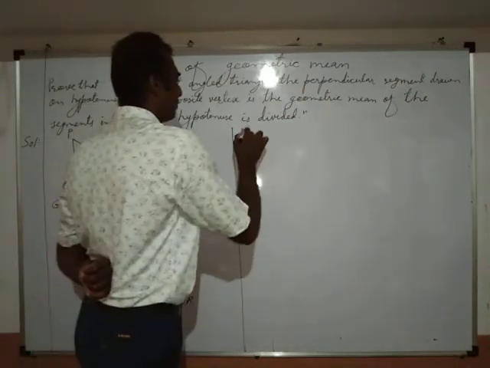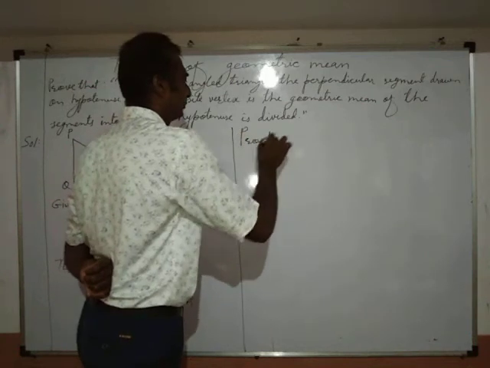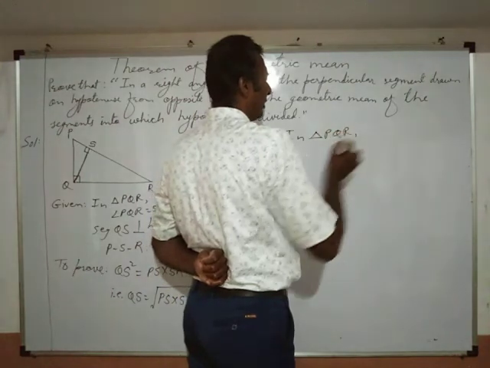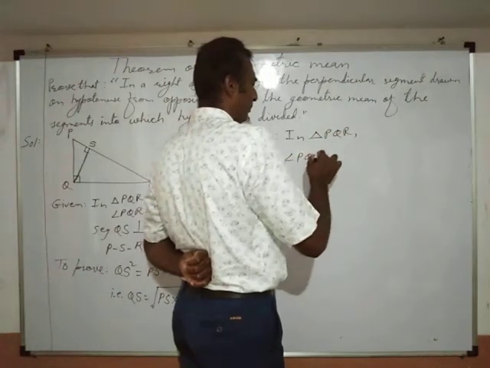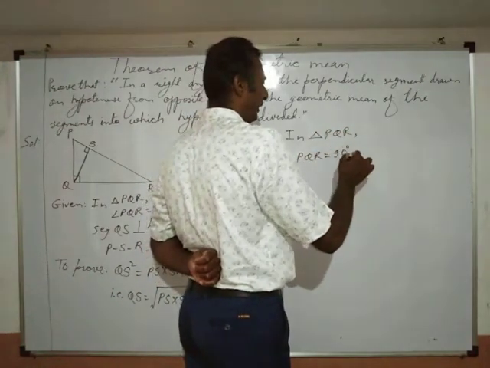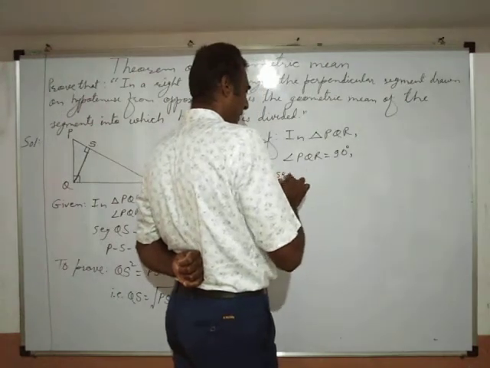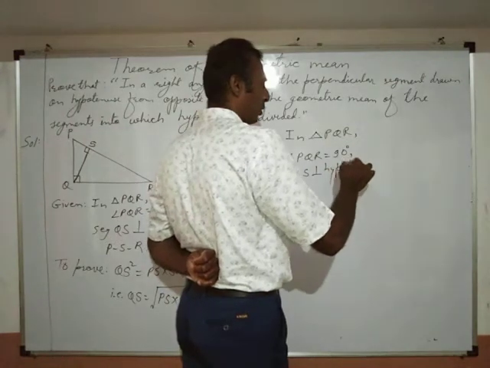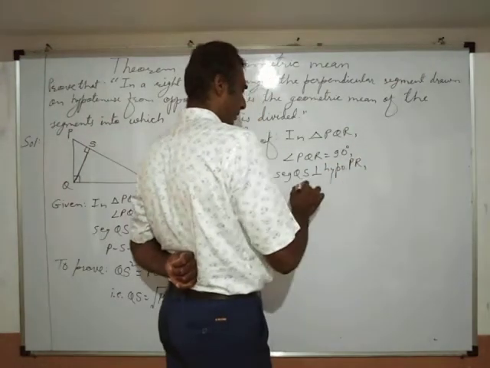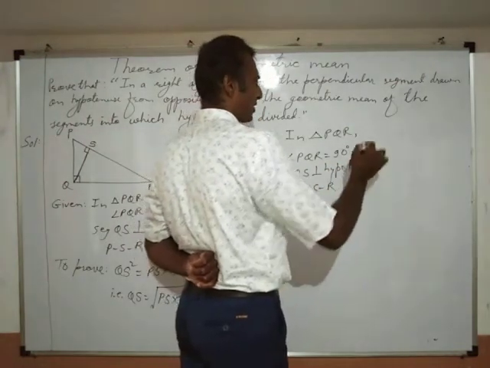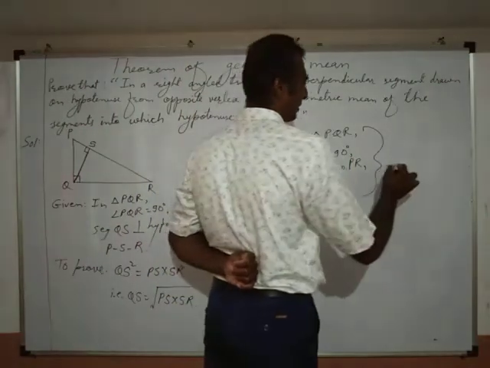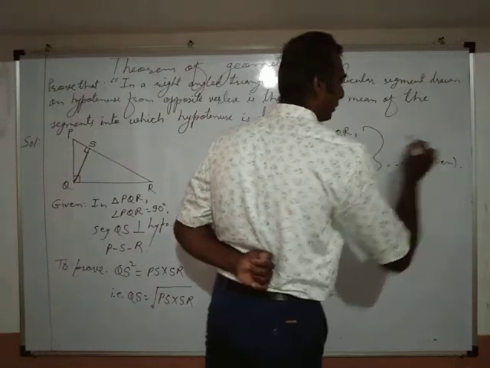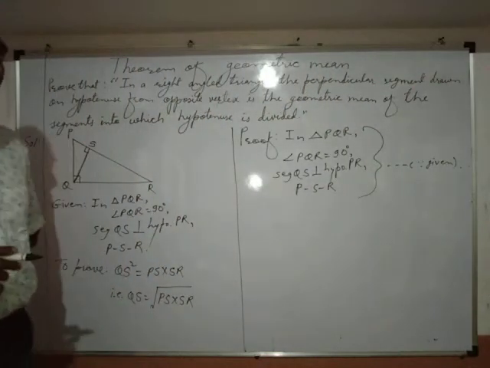Let's start the proof. In triangle PQR, angle PQR equals 90 degrees. Seg QS perpendicular to hypotenuse PR, P-S-R. All these things are given. That's why we give the logical reason: since given.